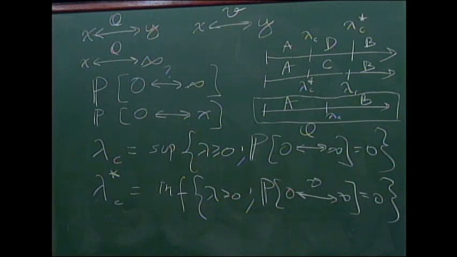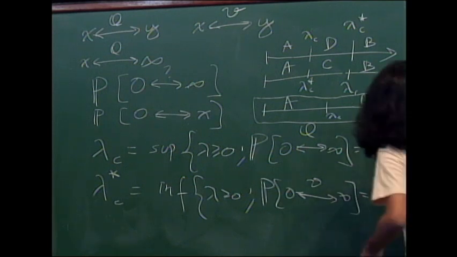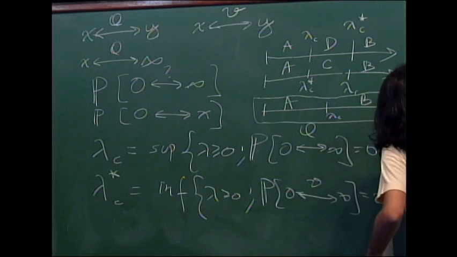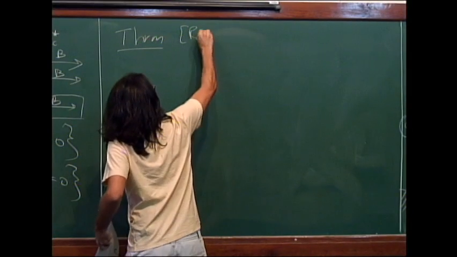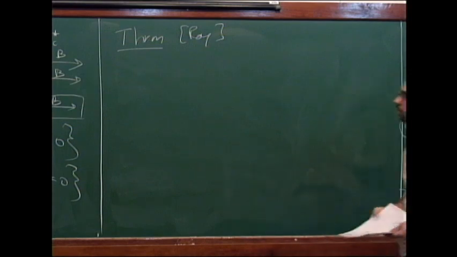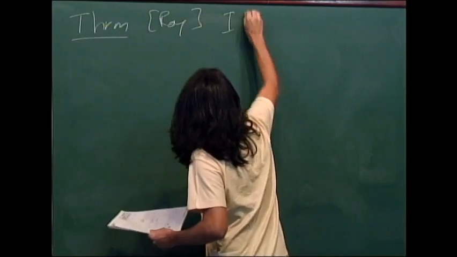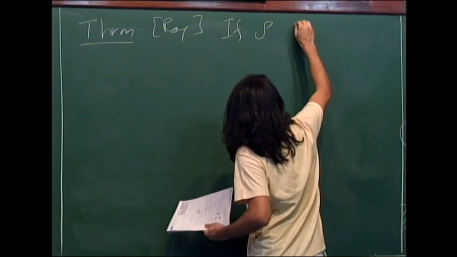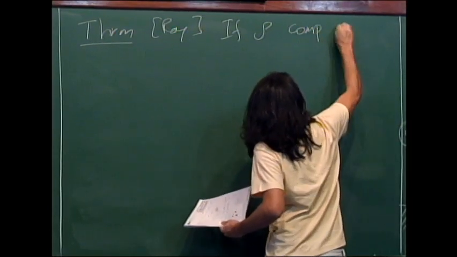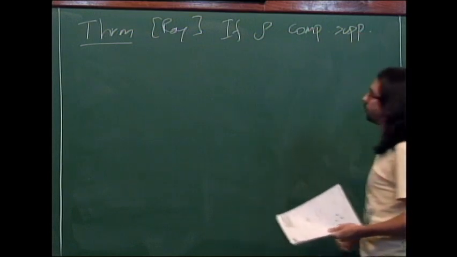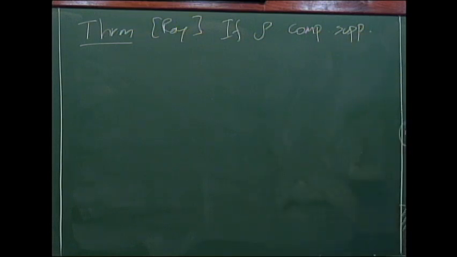So first, a result in this direction. No, let's go to the result first. It's by Roy, who worked a lot on this subject. He considers the case where rho has compact support, so there are no balls larger than, say, 10.